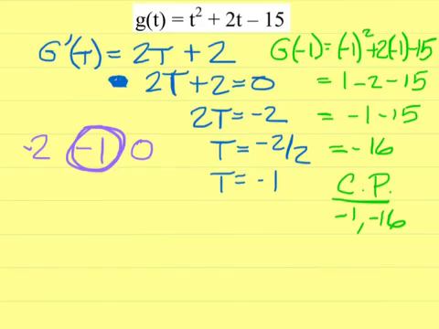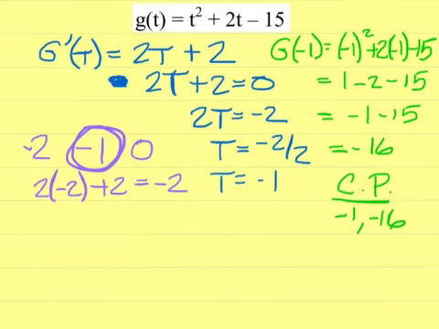Alright, so if you plug in a -2 where? The derivative, yes. So if you plug that in, you get 2 times -2 and then plus 2. That's -4 plus 2, which is a -2.